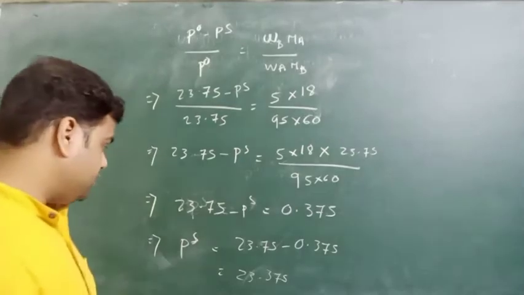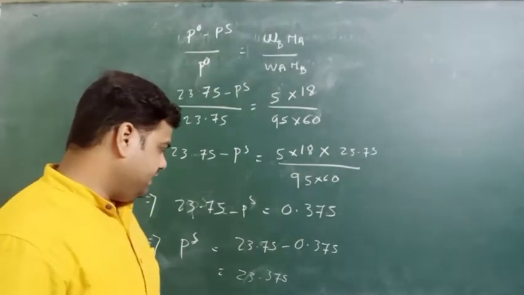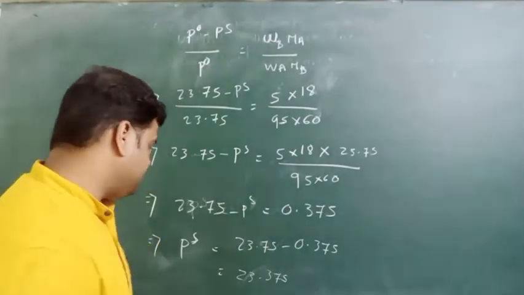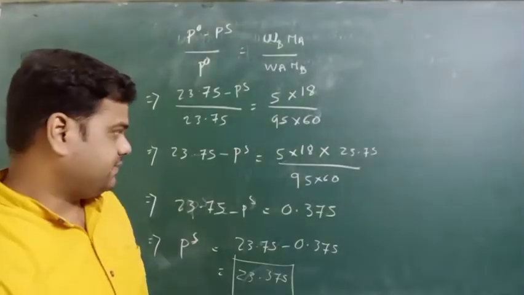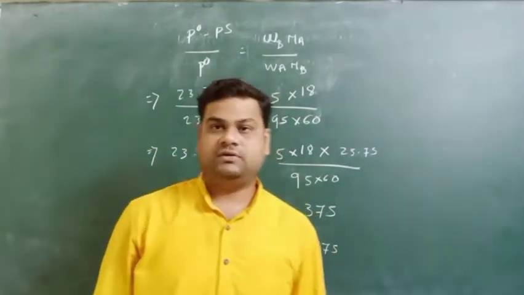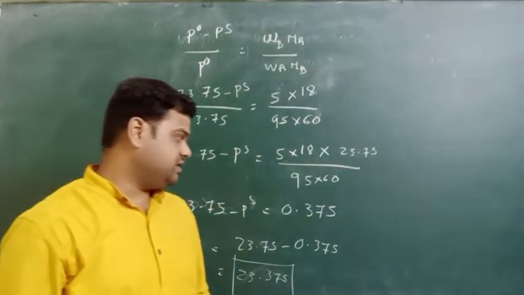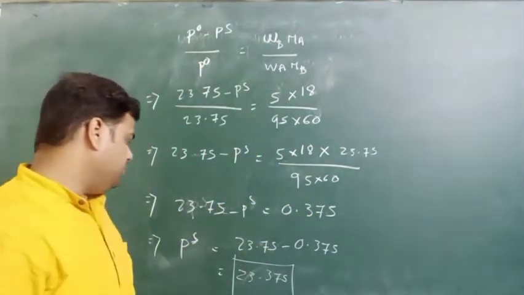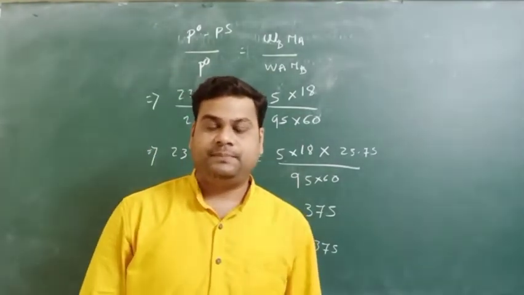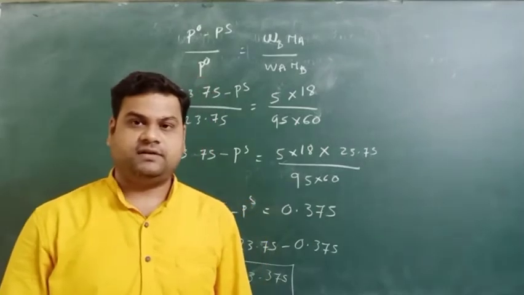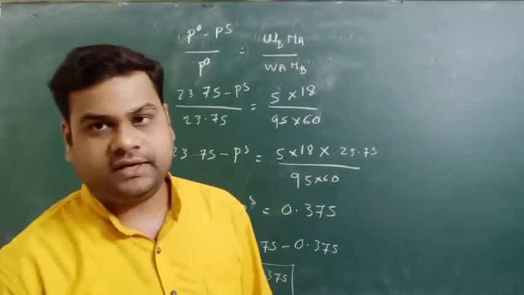The vapor pressure of the solution Ps is 23.375. This is the answer. This is the numerical about the relative lowering of vapor pressure. In this calculation, we found the vapor pressure of the solution from the given weight of the solute, weight of the solvent, and molecular masses of the solute and solvent.